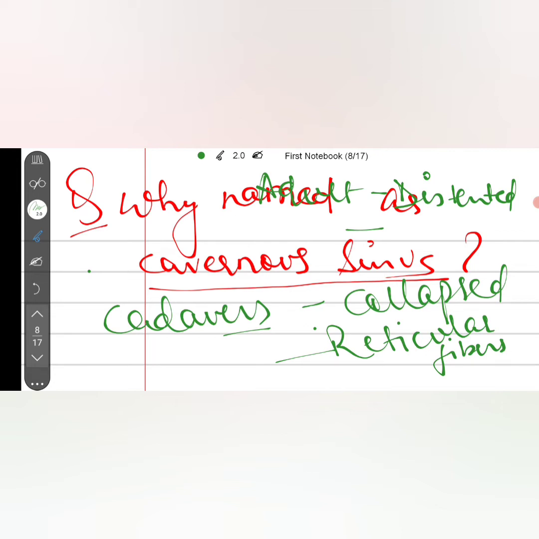It is traversed by an interlacement of reticular fibers, and these make the sinus spongy in appearance, and that is why we termed it the cavernous sinus. In a normal living person, the sinus is distended.